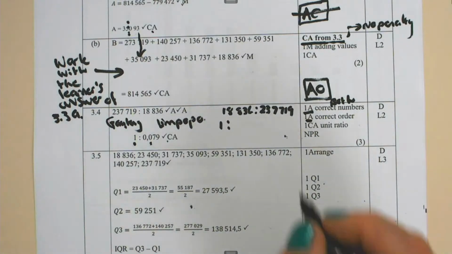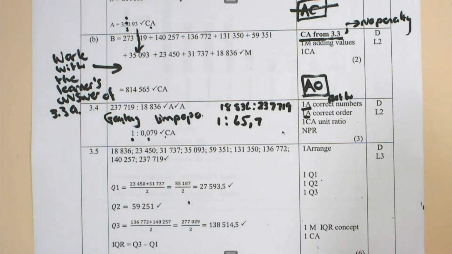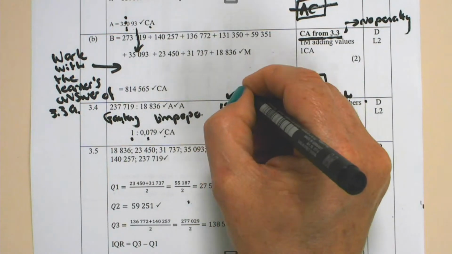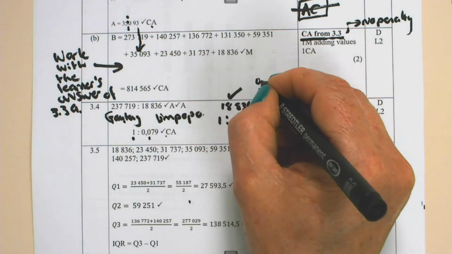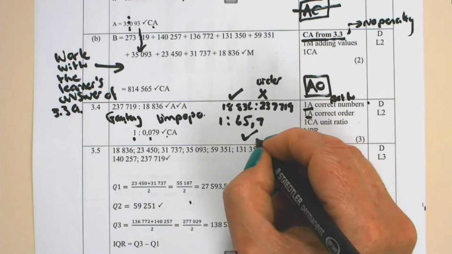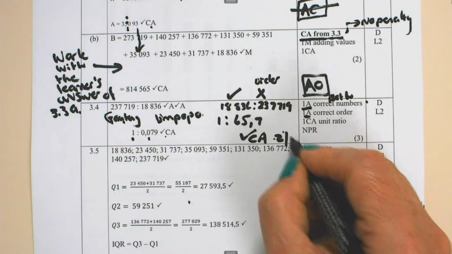Then they get here 1 is to 65,7. They will get the correct numbers. They are the correct numbers. They are not in the correct order. The unit ratio is then CA, correct, and the learner can get 2/3.